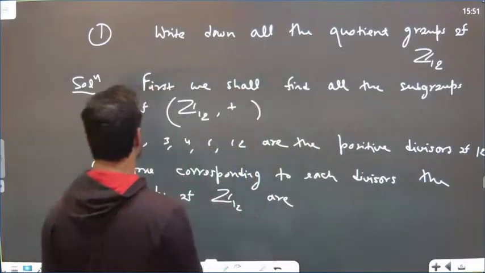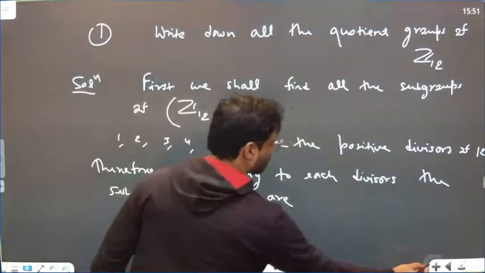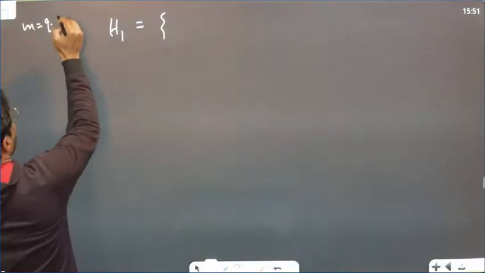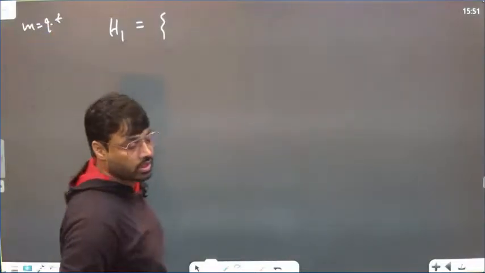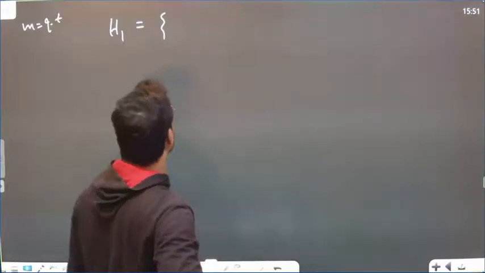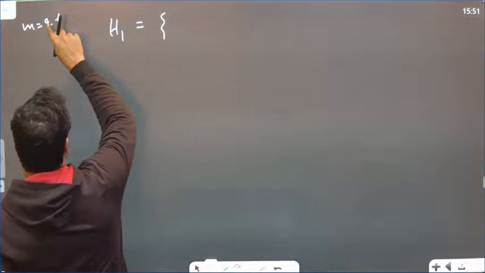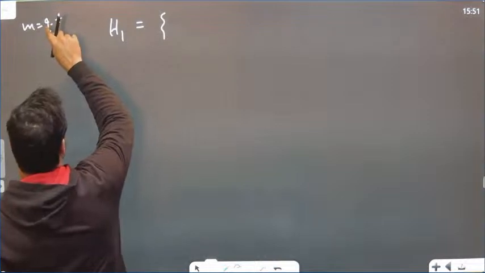So corresponding to divisor 1, we will have H1 equal to, just write M equal to Q times T. T is a divisor, so 1 is a divisor. In this case, we'll get Q, that means 12 times 1.